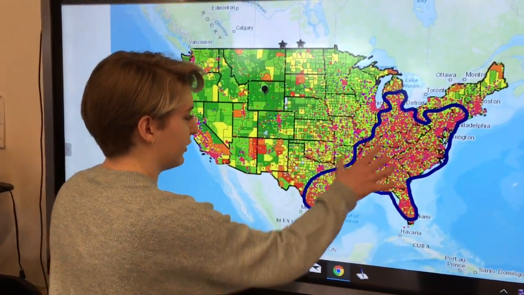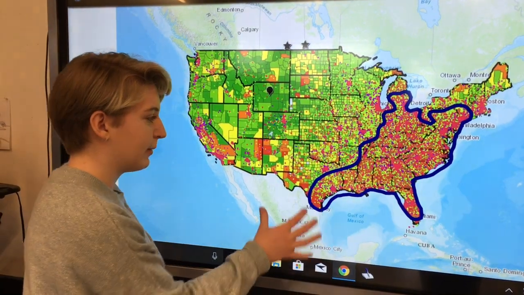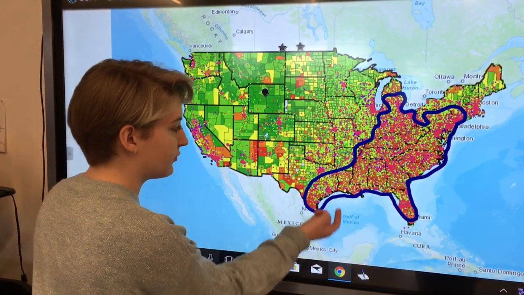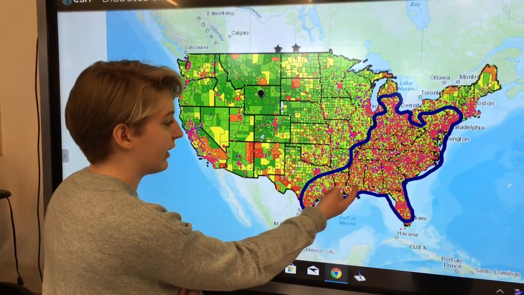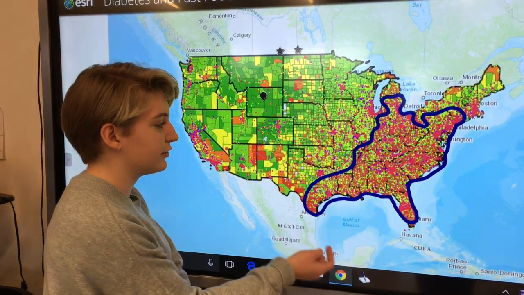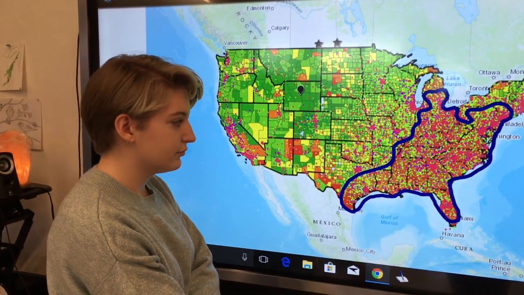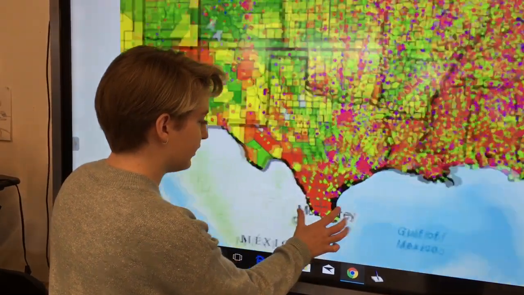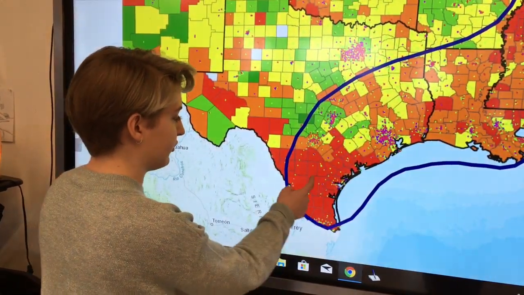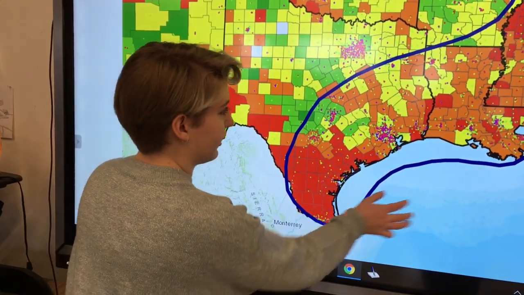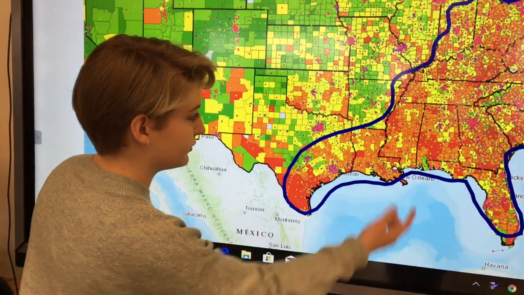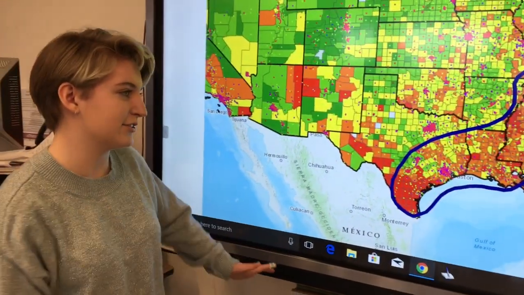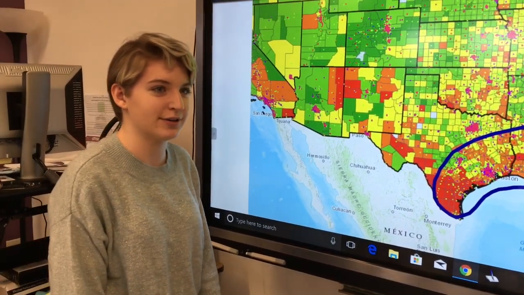All of this is condensed in the South, mostly. The worst was in West Virginia, Alabama and Texas. The little dots again are the fast food franchises, the locations of them. You can see all of the red is down here, that's the type 2 diabetes, and it's orange up in here. So that means there's clearly some sort of correlation going on.